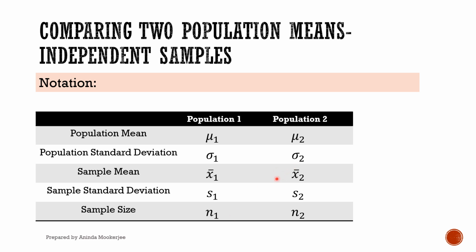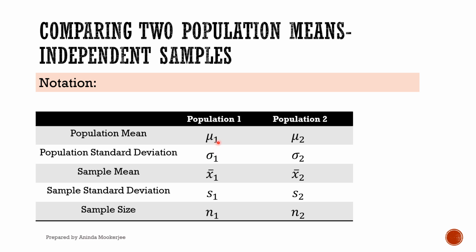All right, so we have population 1, population 2. We first have to identify what we want to place in population 1 and what population 2 is going to consist of. And then the population mean from population 1 is going to be denoted with mu sub 1.